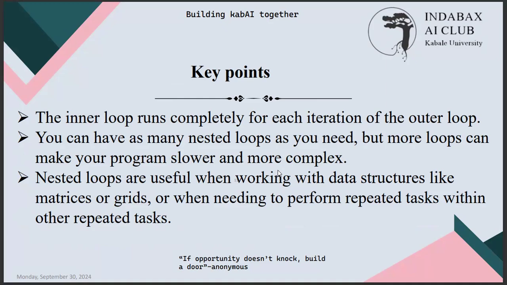Nested loops are useful when working with data structures like matrices or grids, or when performing repeated tasks within other repeated tasks. They are very crucial when dealing with repetitive tasks, but you should try to avoid them whenever you get a chance because they make the program slow down. They are not very good.